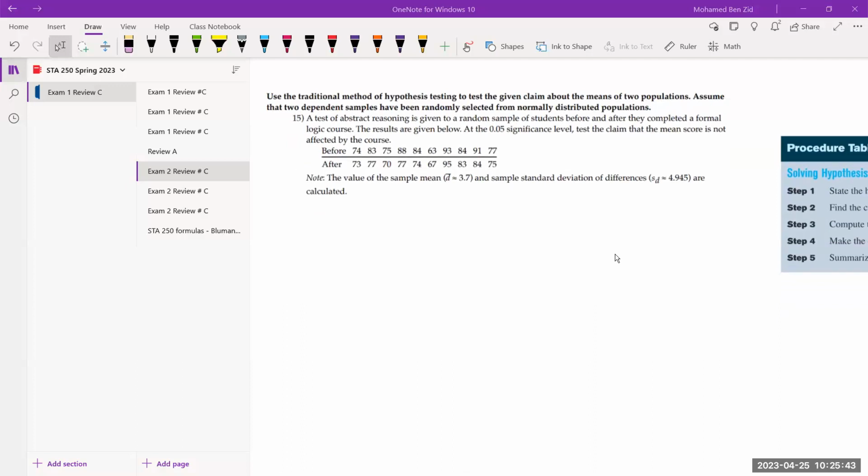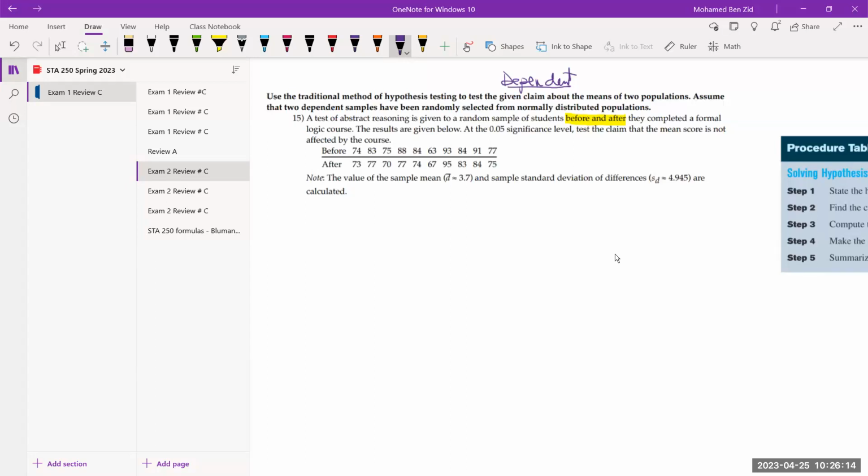Okay, so for question number 15, first of all, we need to identify whether this hypothesis testing is for a dependent set or an independent set. My keyword is actually the before and after. You see it? We have a before and after, so this is definitely dependent samples.